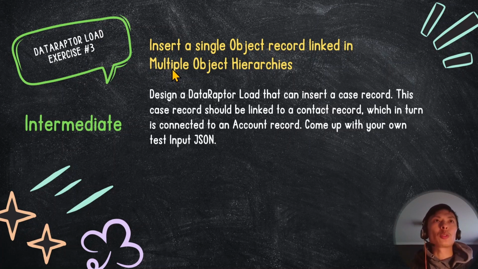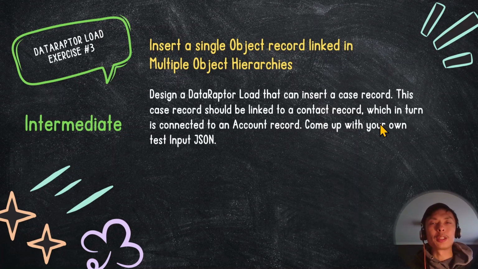In this exercise, we will be inserting a single object record linked in multiple object hierarchies. So we'll be designing a DataRaptor load that can insert a case record. This case record should be linked to a contact record, which in turn is connected to an account record.